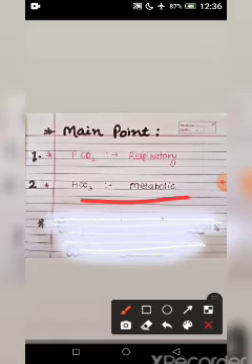In case of decreasing pH, HCO3 level decreases, it is metabolic acidosis, and when pH rises, HCO3 levels also rise, and it indicates metabolic alkalosis.